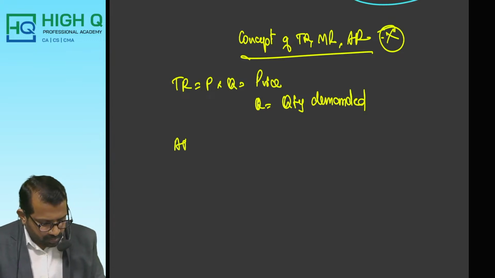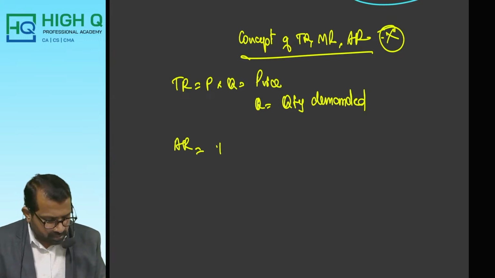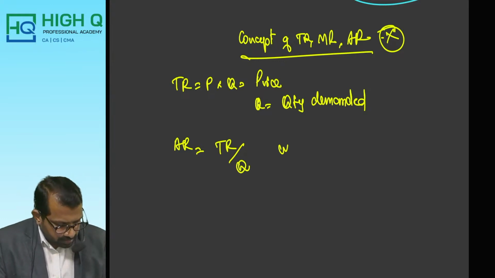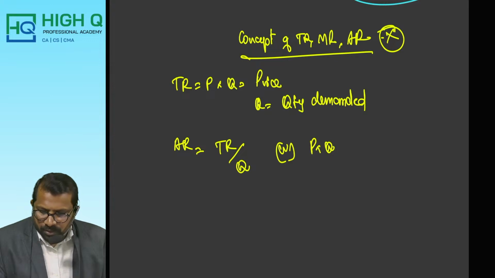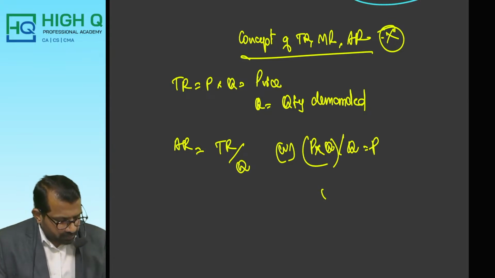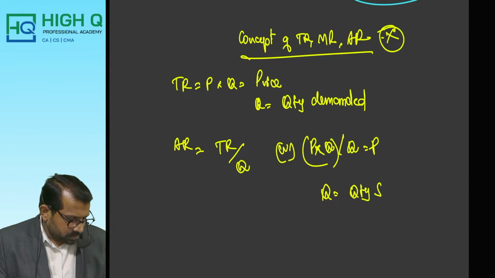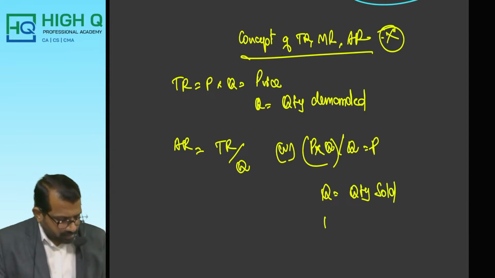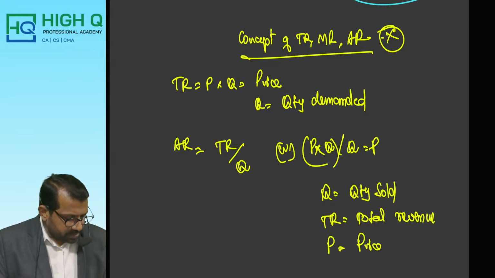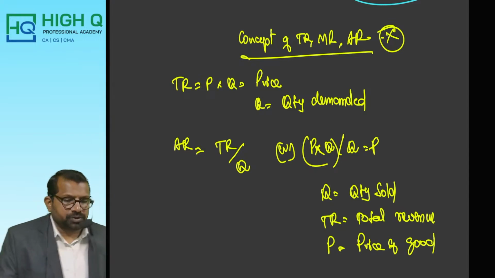In the same way, point number 2, average revenue equals total revenue divided by quantity, or P into Q divided by Q, which gives P. Q represents quantity sold, TR represents total revenue, and P represents price of goods.